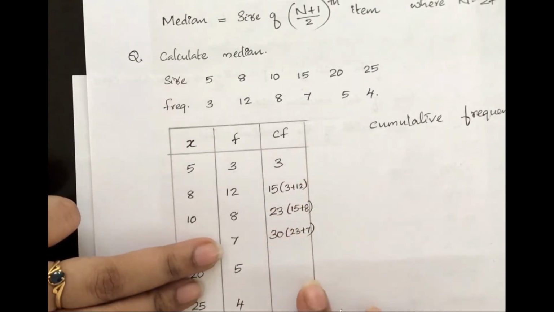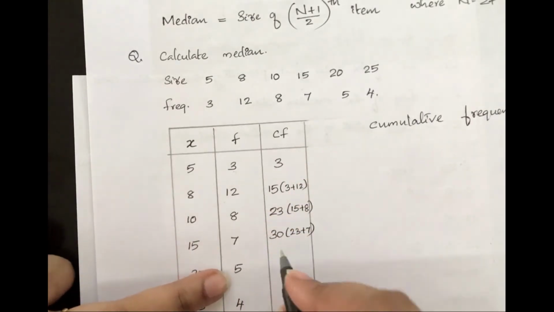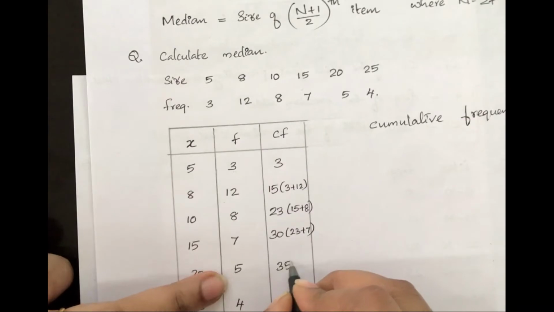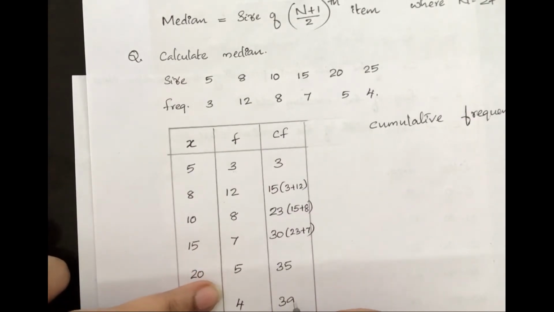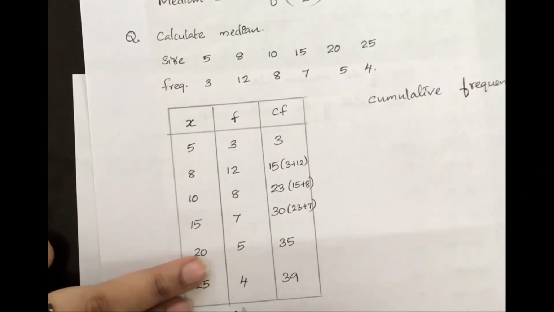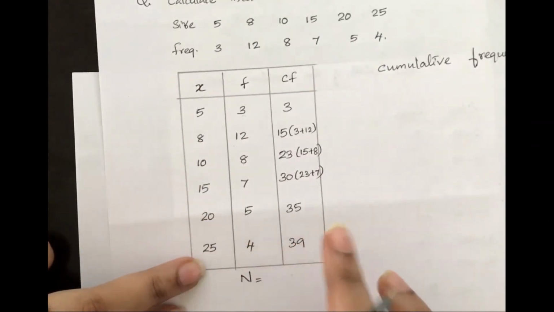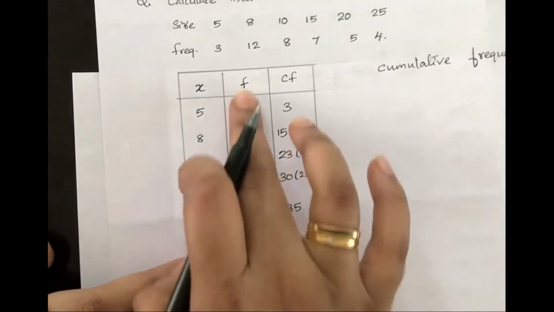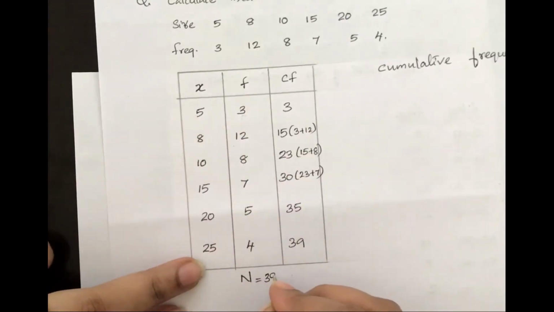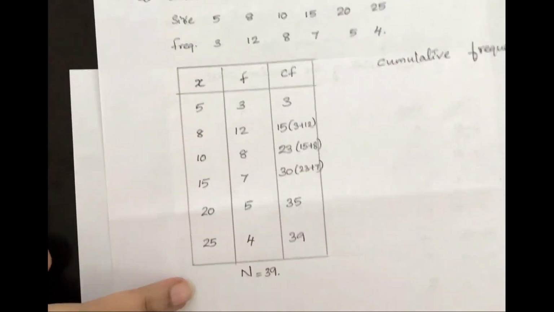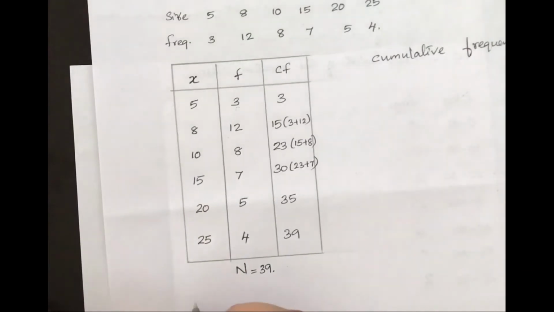Similarly, complete the cumulative frequency column. 30 plus 5 is 35. 35 plus 4 is 39. When we find the capital N, it should always equal this 39, so this 39 should be the total of frequency. Then we are going to find the median.